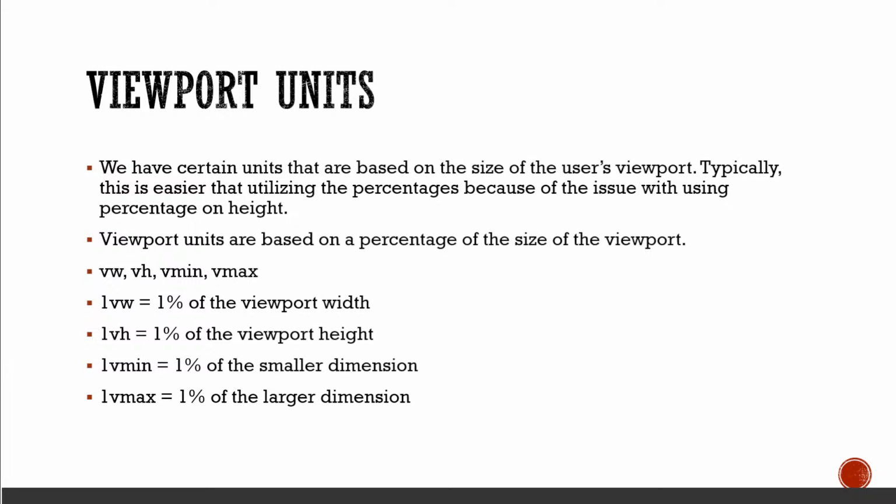VW is viewport width, VH is viewport height. So one VW, or one viewport width, is equal to 1% of the viewport width. The viewport is your browser window, or the visible area inside your browser window, I should say. So when that browser window gets bigger or smaller, that 1% is going to change.